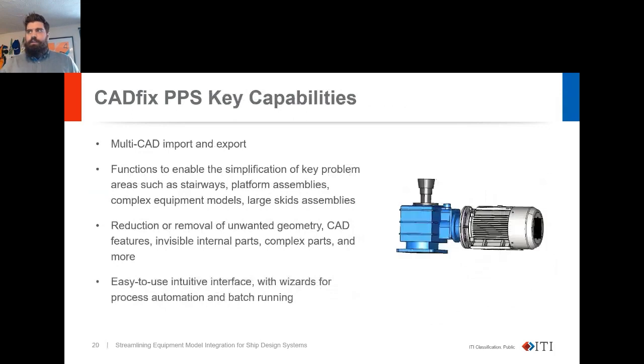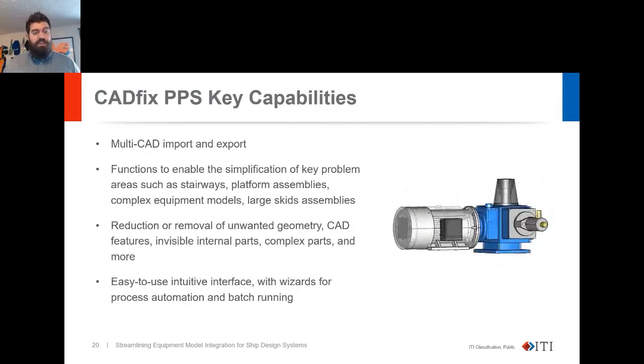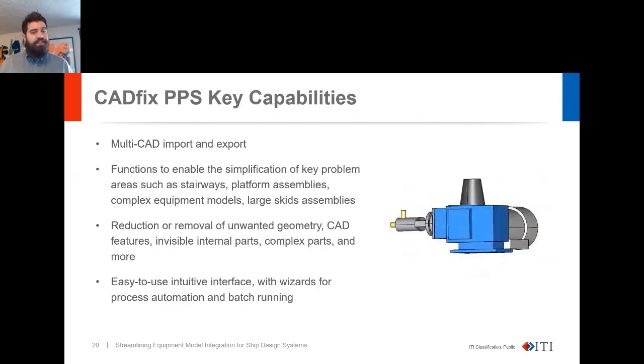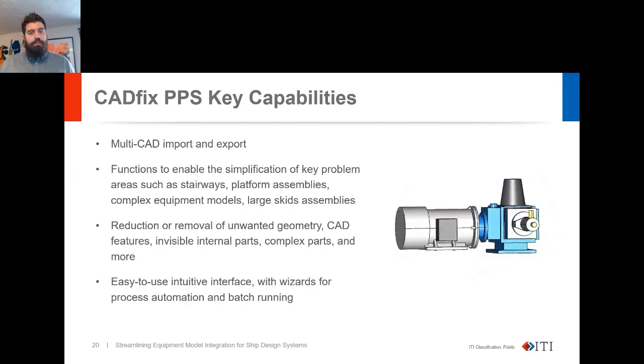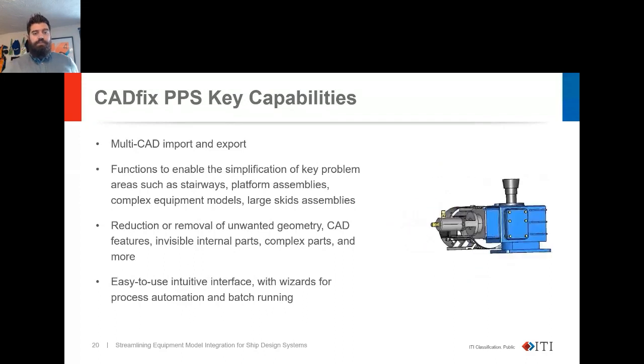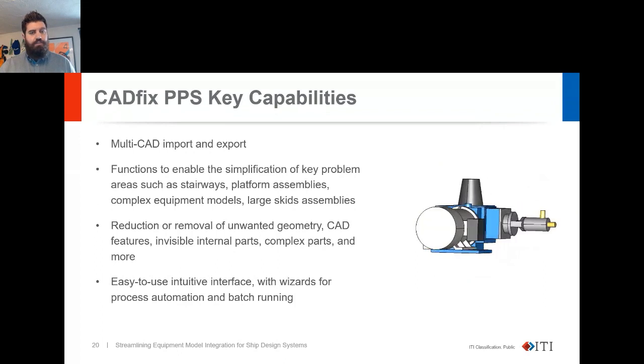So then some of the key capabilities. Through our experience, we have other products and services to support CAD migration, manipulation, some translation as well, meaning that we're a neutral format, so any formats can be imported and exported. We have automated and intelligent functions within the software, which target key areas, such as the ones listed above.